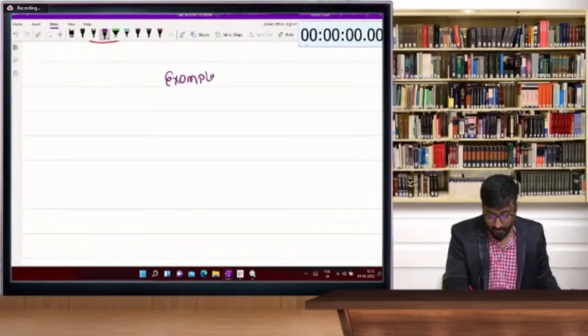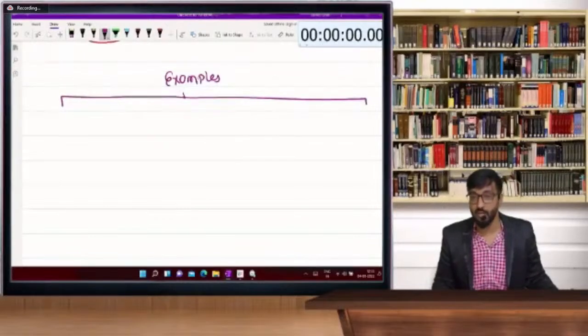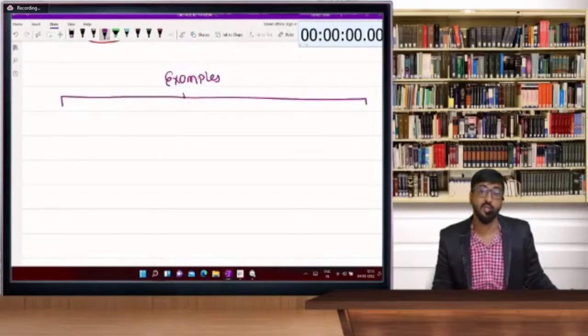Examples. Beta, today I'm going to explain to you two concepts of debentures and reissue problems and debentures. Some problems we are going to take in the next session.